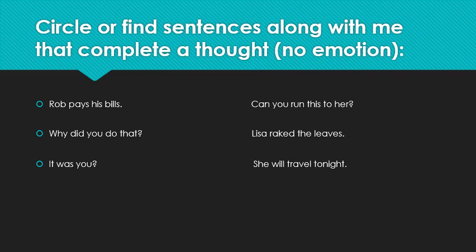She will travel tonight. So which ones just complete the thought? Well, I would say Rob pays his bills. Rob pays his bills. Completes the thought. No rising, kind of falling at the end. Rob pays his bills. What other ones? Pause here and find them.